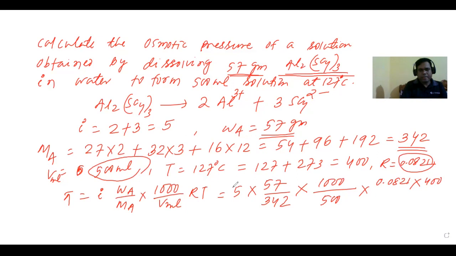So here, simplifying, 10 into 0.0821 is 0.821, here 100, so 82.1 into 2 by 3.